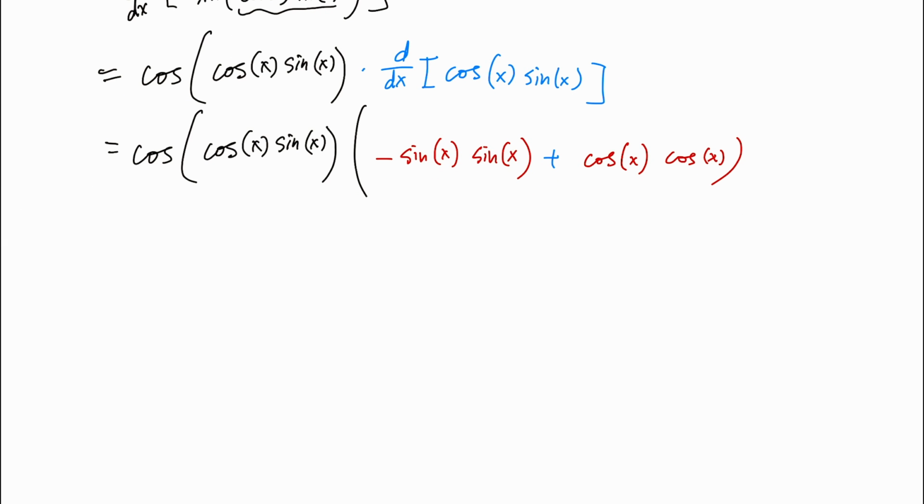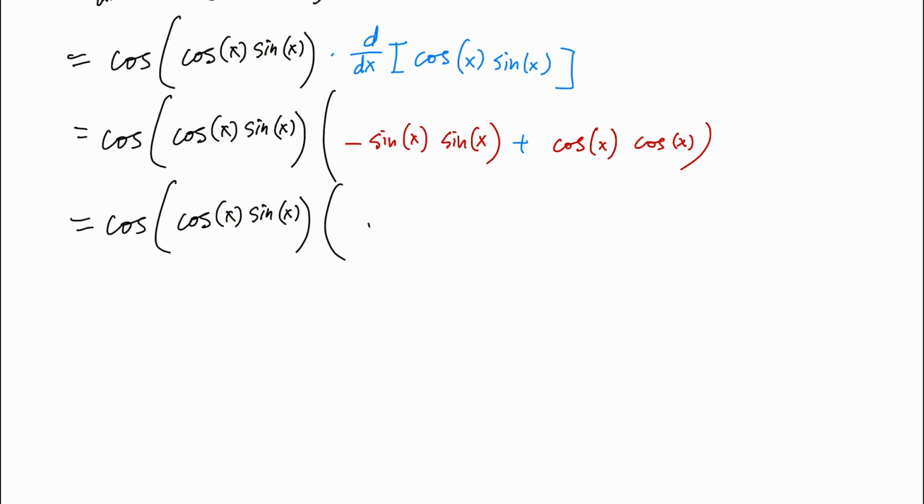Overall, that would simplify to cosine of x sine of x times cosine squared of x minus sine squared of x.